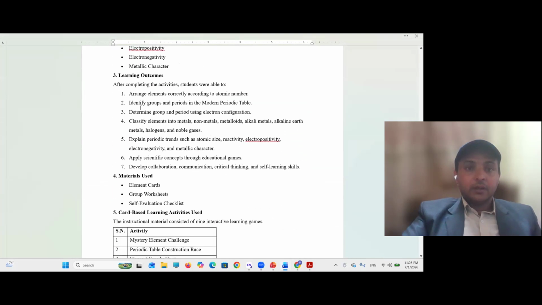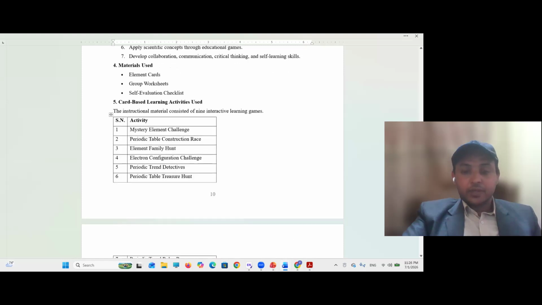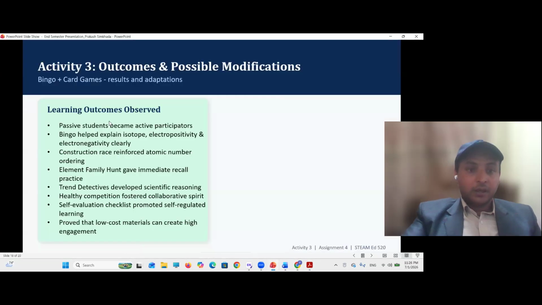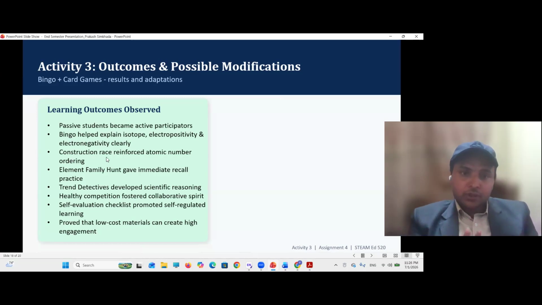The students are becoming more active in this activity. It helps them explain different terms like what is isotope, what is electropositivity, what is electronegativity very clearly. And I have given them the opportunity to construct the periodic table.